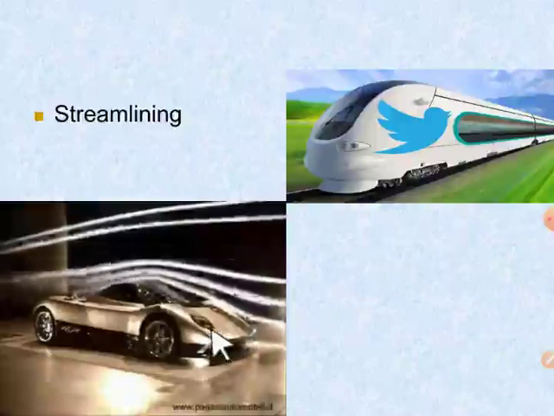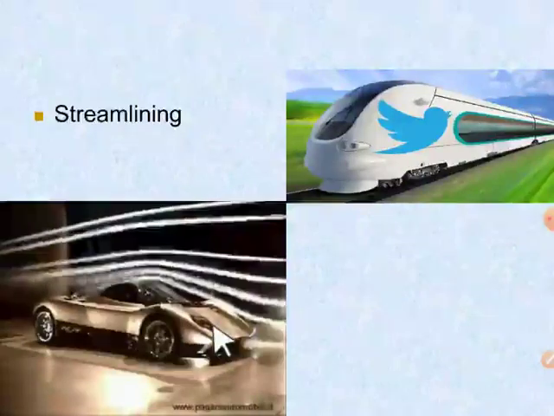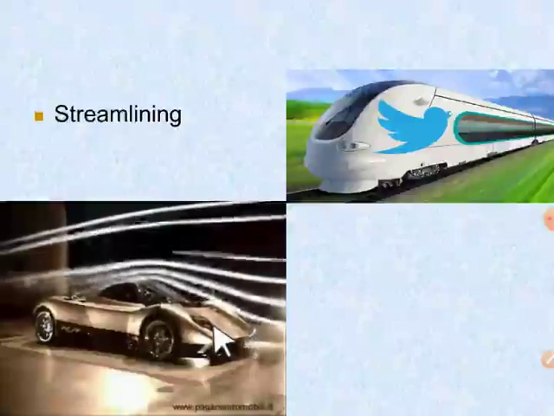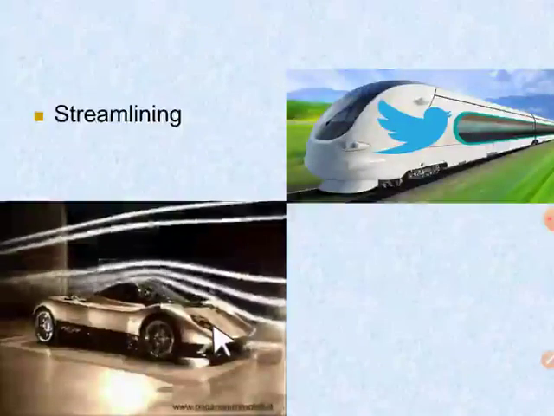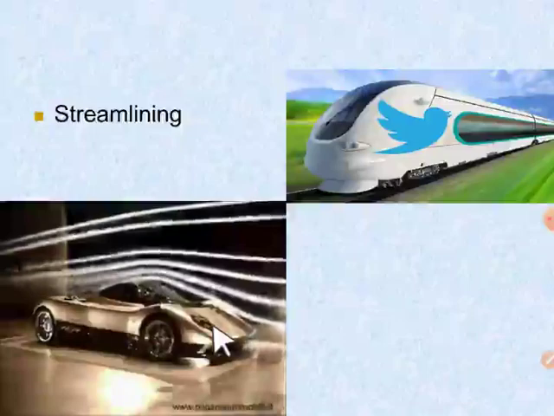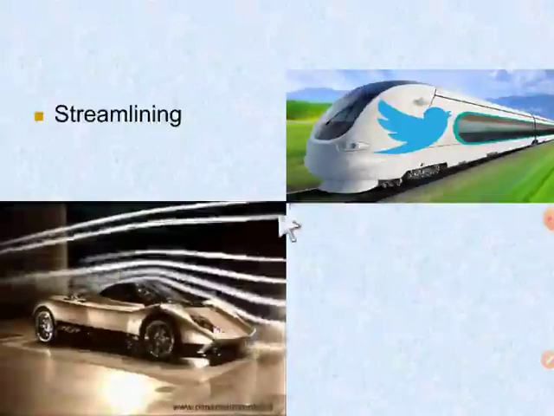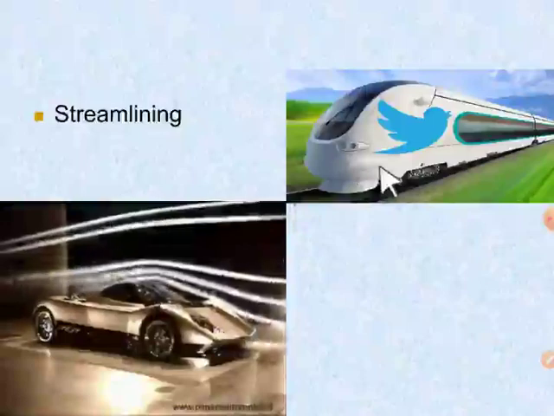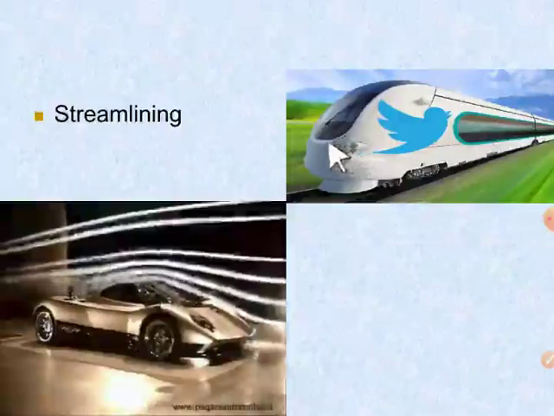And you might have seen in almost all those high speed moving objects, it will be pointed at the tip in the front, just like your arrow. It may be like the electric train or bullet train. It will be pointed at the tips like this.